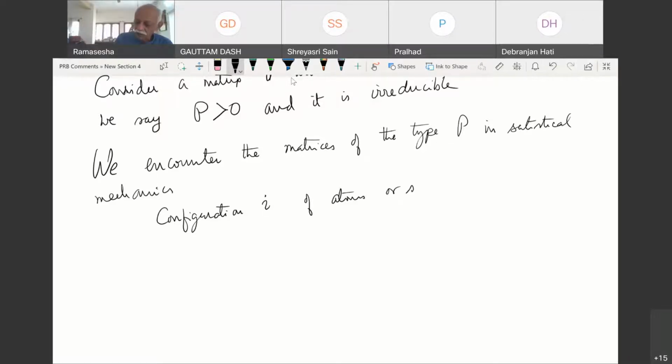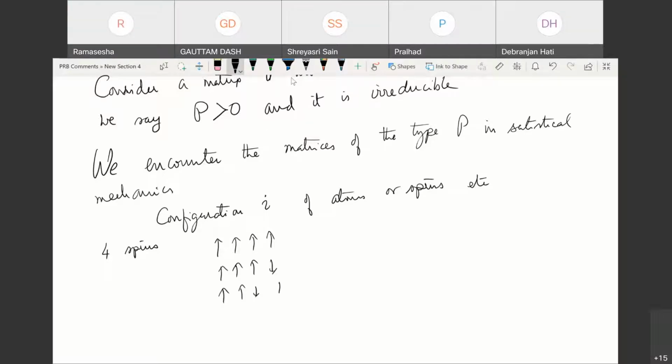For example, I can give you an example of spin. Take four spins, each of spin half. Then I can have the following configurations. I can have all the spins up or one spin down, and this down spin can move through the sides, and so on, all the way to down, down, down, down.